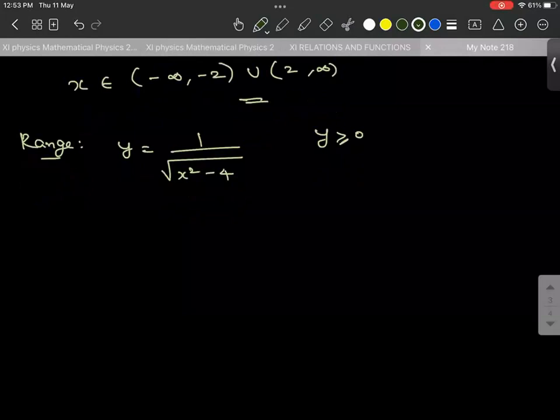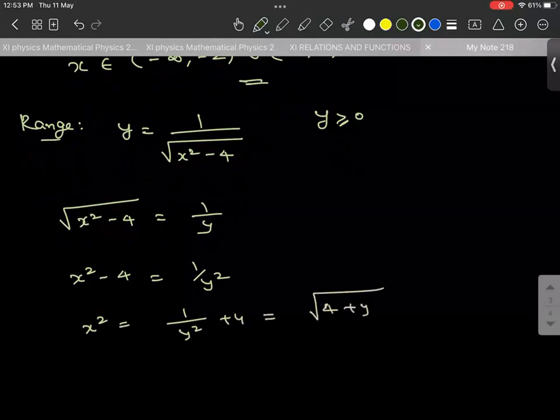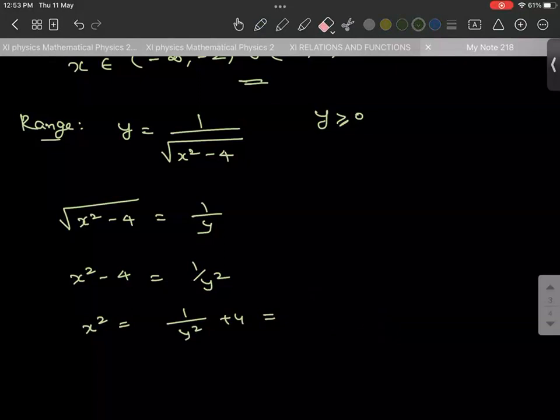Now cross multiply. Root of x square minus 4 is equal to 1 divided by y. Squaring on both sides, x square minus 4 is equal to 1 by y square. So x square will be equal to 1 by y square plus 4, which is y square plus 4 divided by y square.